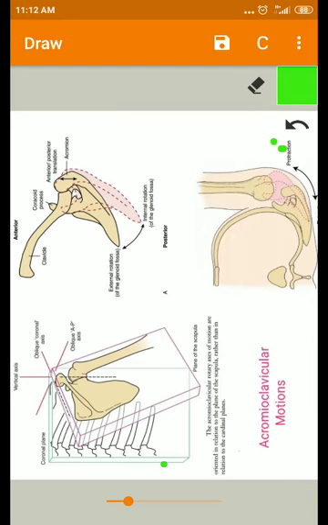So internal and external rotation of the scapula in relation to the clavicle occurs around an approximately, not exactly, approximately vertical axis through the acromioclavicular joint. This vertical axis is present in between the acromioclavicular joint and the coracoclavicular ligament.